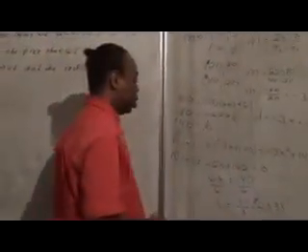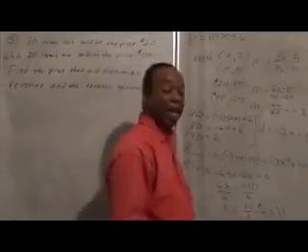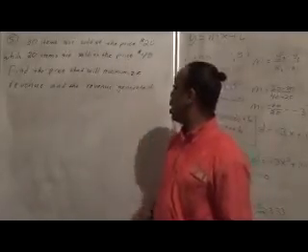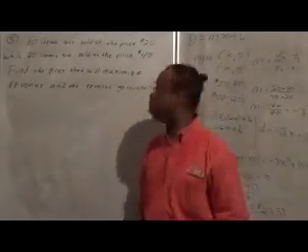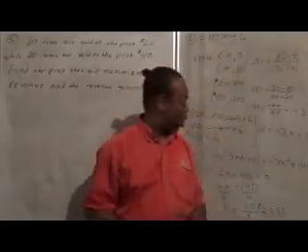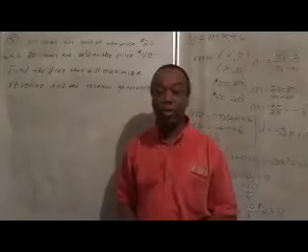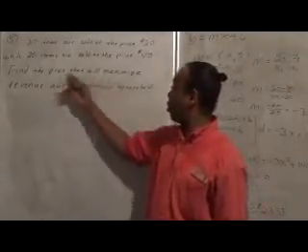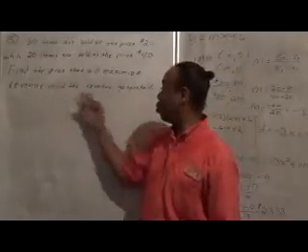So, I need to sell these items at $23.33. And that will maximize my revenue. So I tried $20, I tried $40, but I need to try about $23.33.